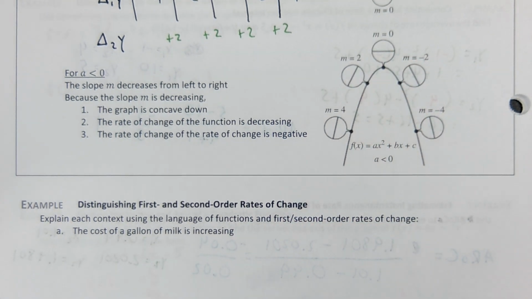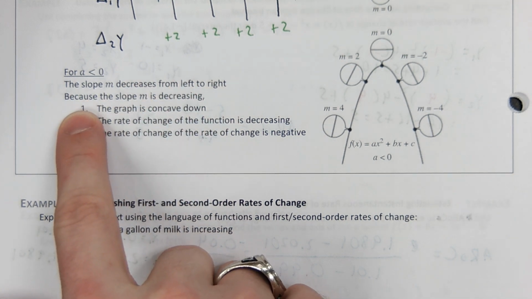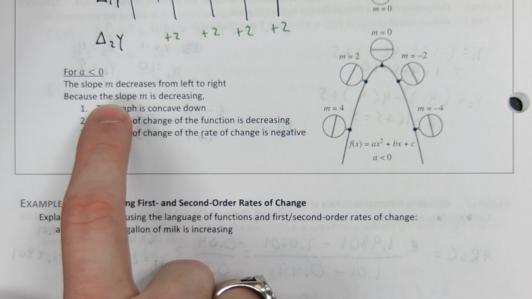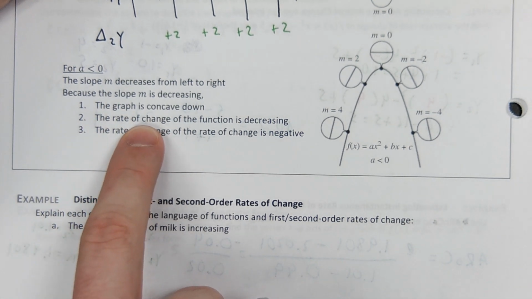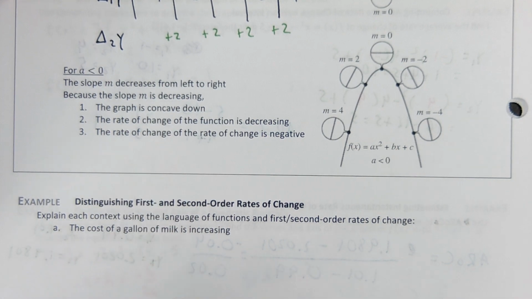Those numbers are falling over time. That means my rate of change is decreasing. The slope, m, decreases from left to right, and because the slope is decreasing, that makes the graph concave down. The slope's decreasing, meaning the rate of change is decreasing, meaning the rate of change of the rate of change is negative, concave down.